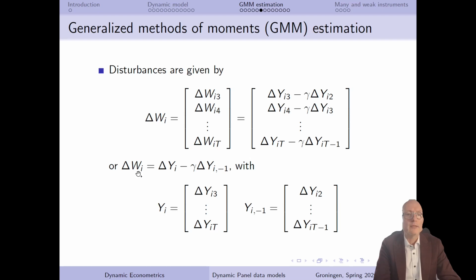But we can also write delta wi as delta yi minus gamma delta yi minus 1, where delta yi is simply equal to a vector that has as elements delta yi3 up till delta yiT, and delta yi minus 1 is going to be equal to delta yi2 instead of delta yi3, up till delta yi capital T minus 1.